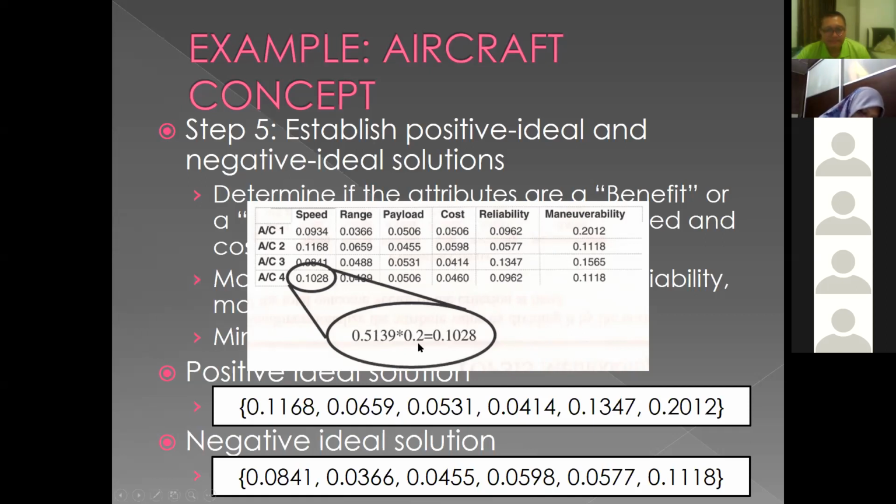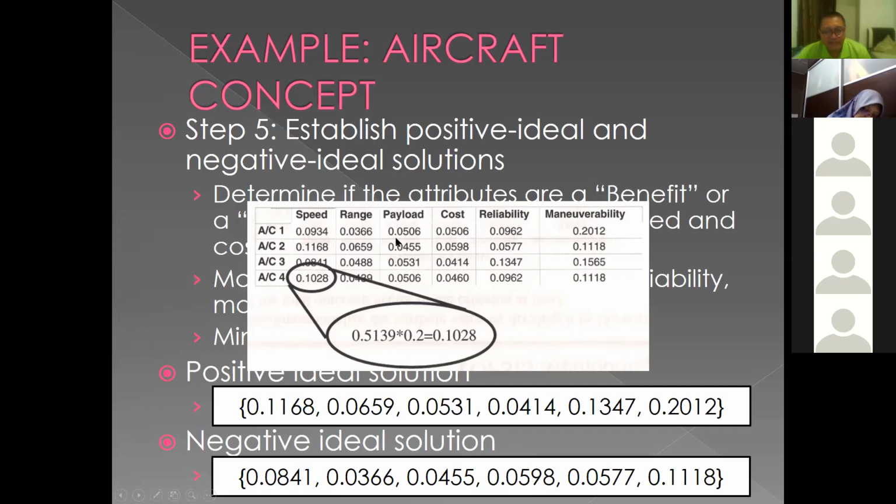And then for the negative ideal solution, we do the reverse. Just now we picked the highest value, but now it is negative, so we pick the lowest value. The lowest value for the speed is 0.0841. For the range, the lowest is 0.0366.